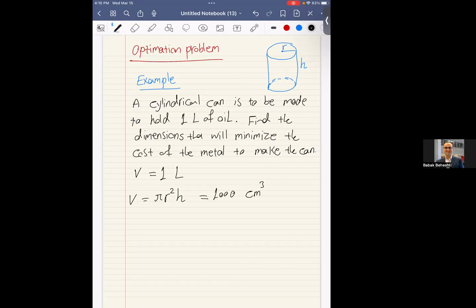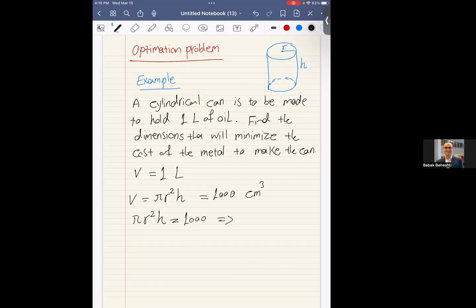So what is the relation between the radius and H, given that the volume is 1,000 centimeters cubed? It follows that pi R squared H must be equal to 1,000.